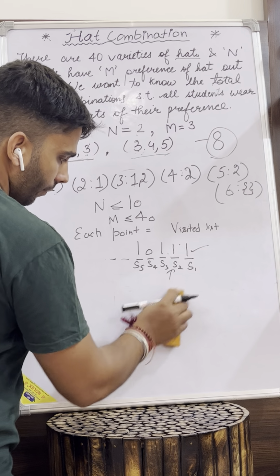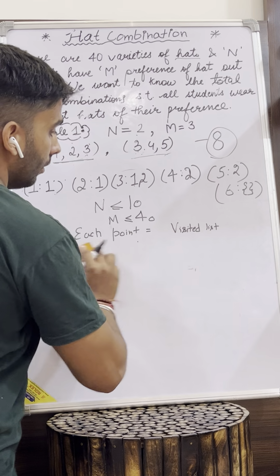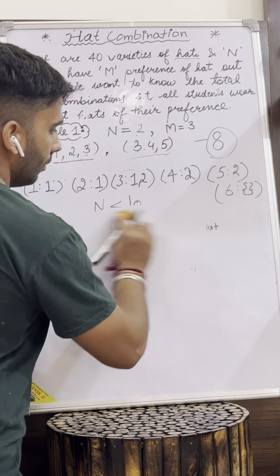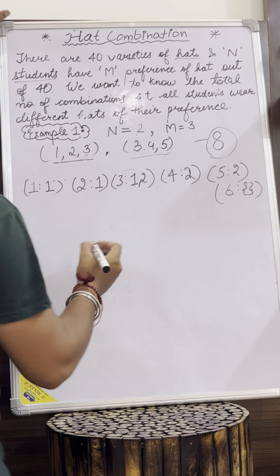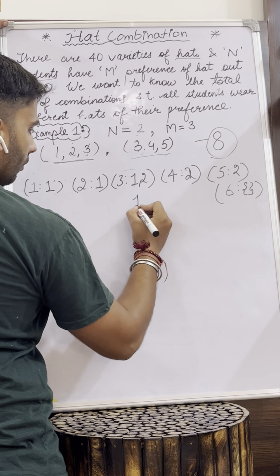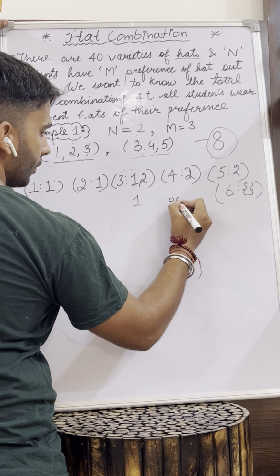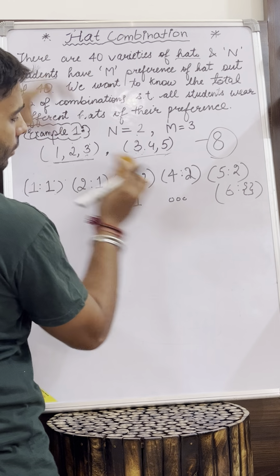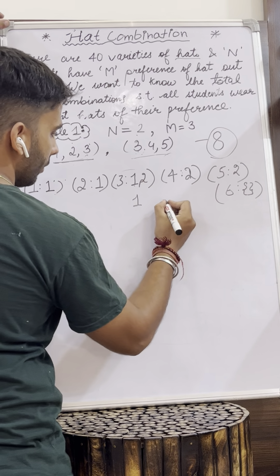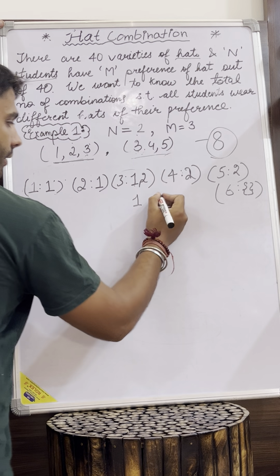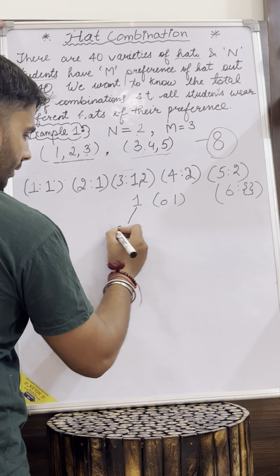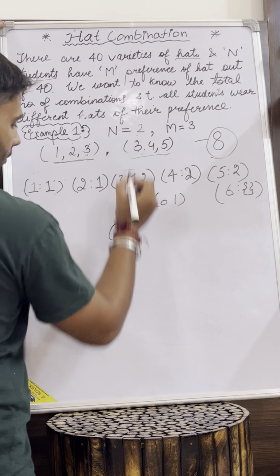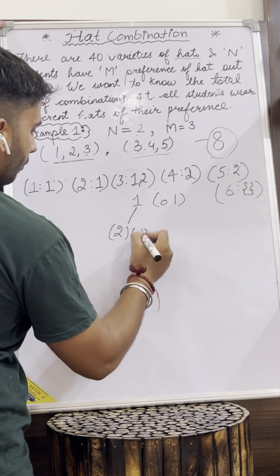So let's try to understand this for this particular case. When we are at hat number 1, our answer will be 0 0. There are only 2 students, so it will be 0 1, right? This is our visited list. Now we have reached hat 2. It will say it's again 0 1, so we can't do anything.